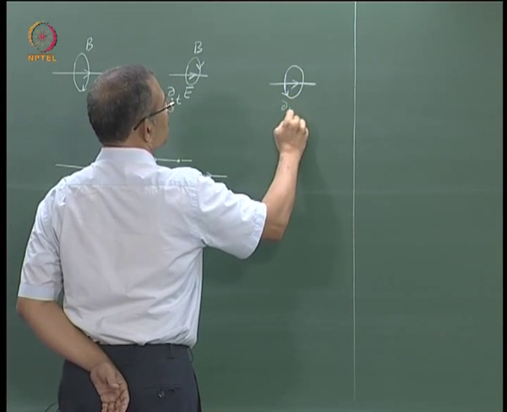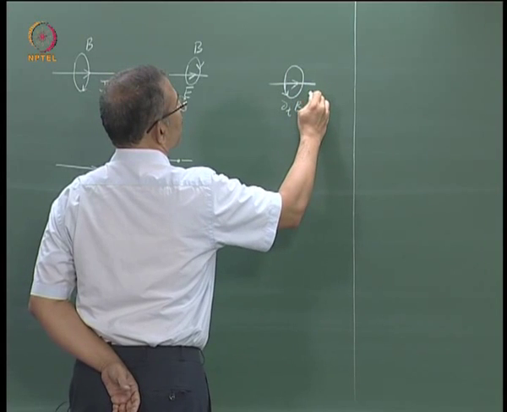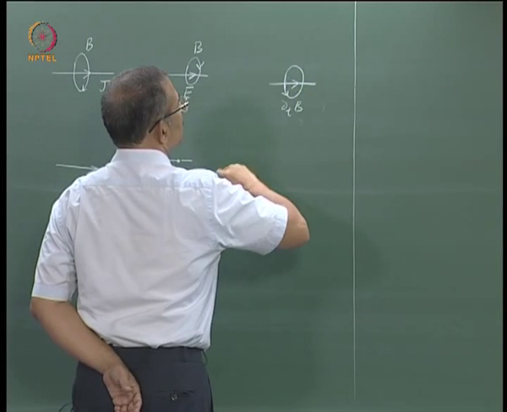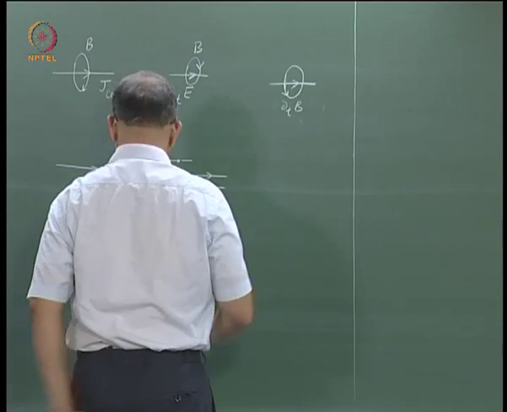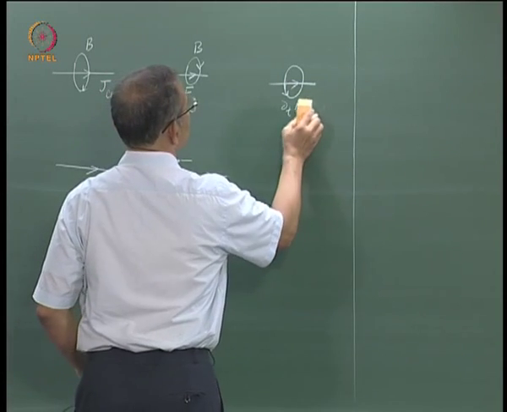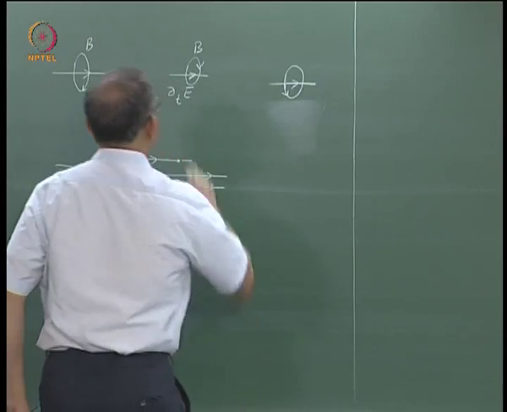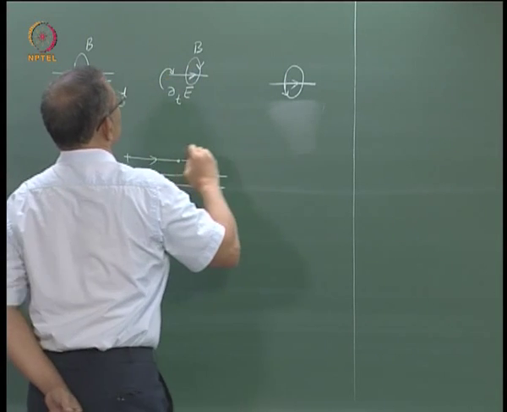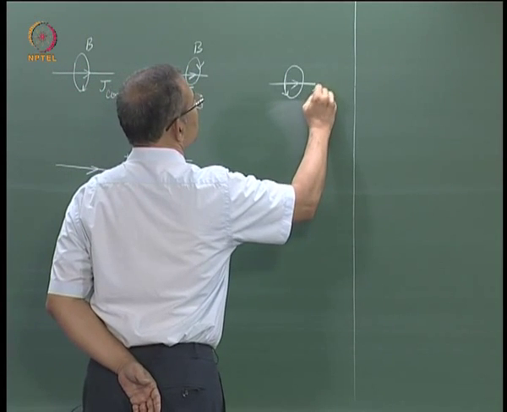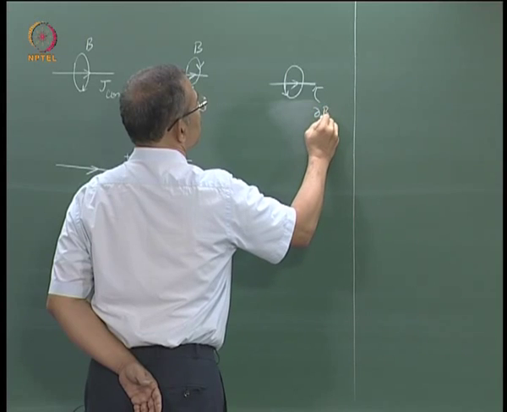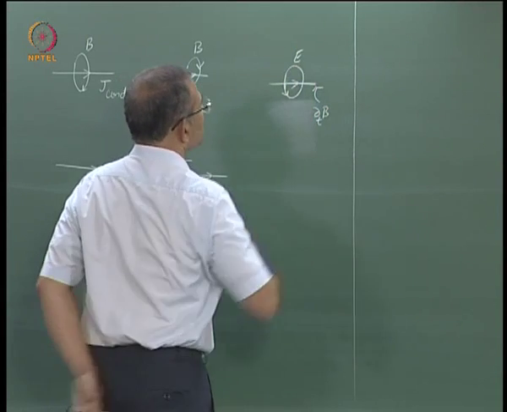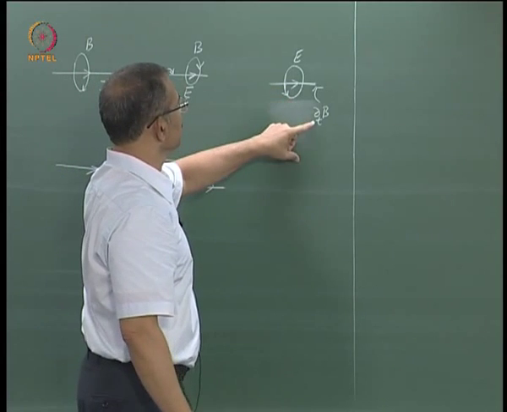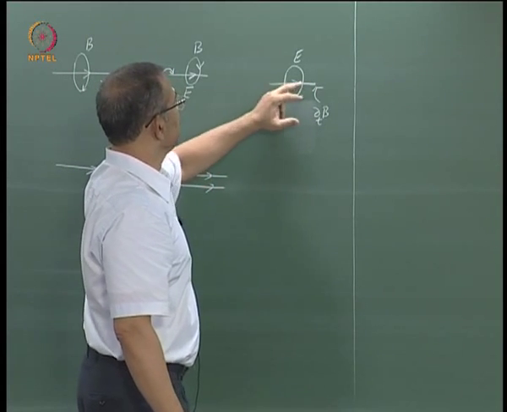So if this is, I am sorry, this is dou E by dou T, this is dou B by dou T, and this is the circulating electric field around the changing magnetic field.